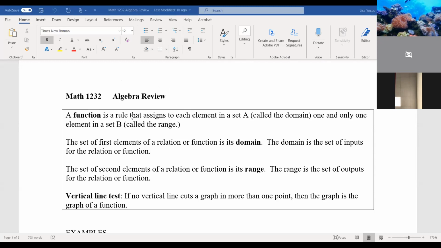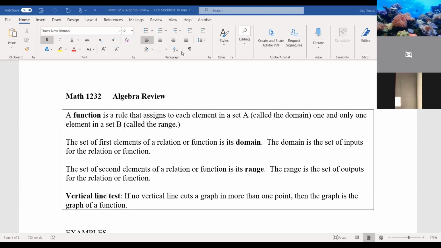That's a rule, typically for us an equation, that assigns to each element in one set that we call the domain one and only one, or exactly one, element in a second set that's called the range.